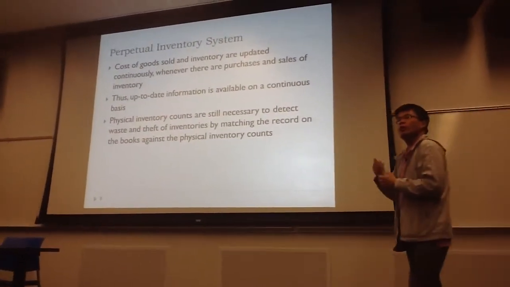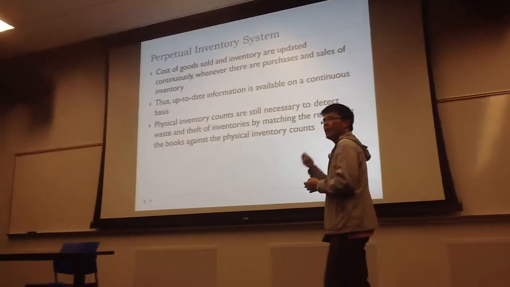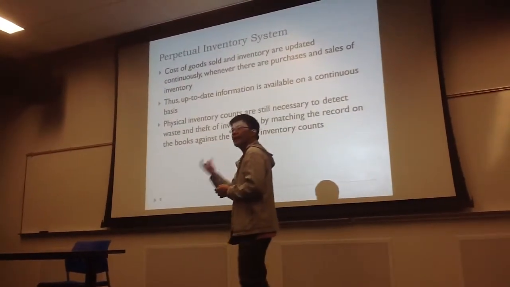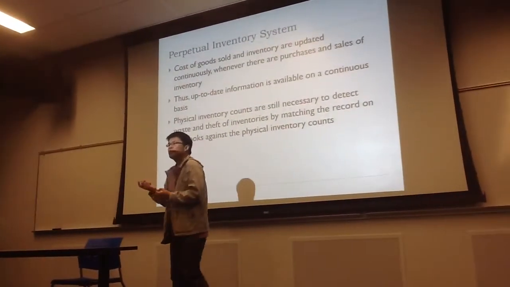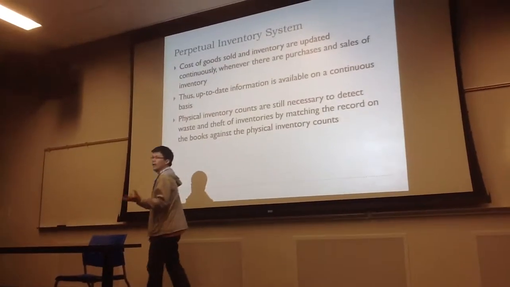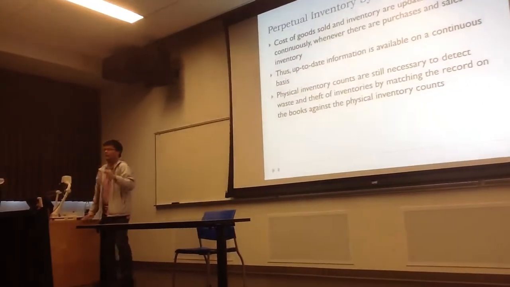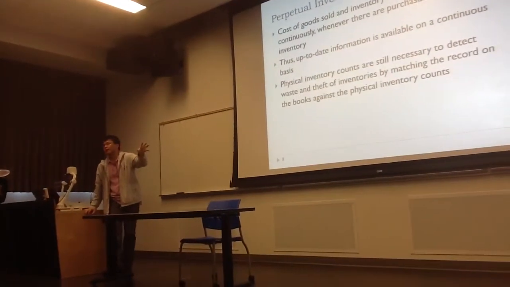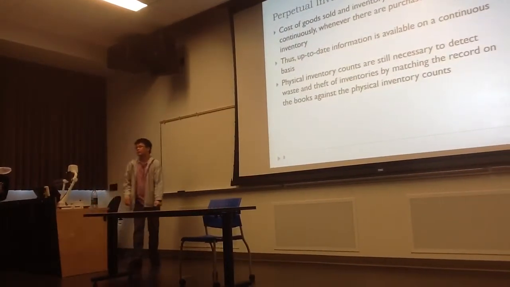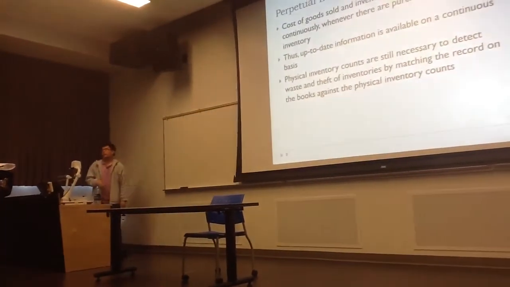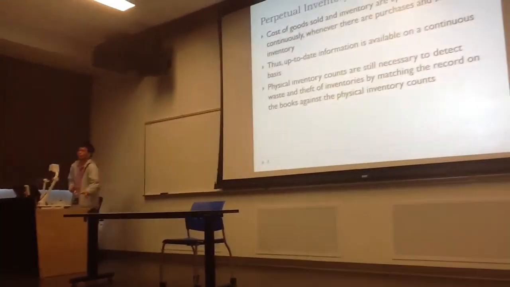But by using the periodic inventory system, even with the physical count, you will not be able to detect theft or spoilage, because you don't know what the right ending balance is, because you don't have the computer record. All you have is the physical count record, and that will be your ending balance. Okay. So those are the differences between the periodic system and the perpetual system.